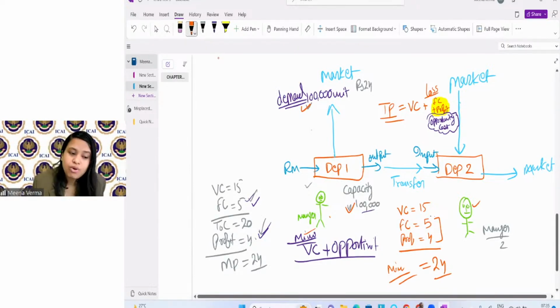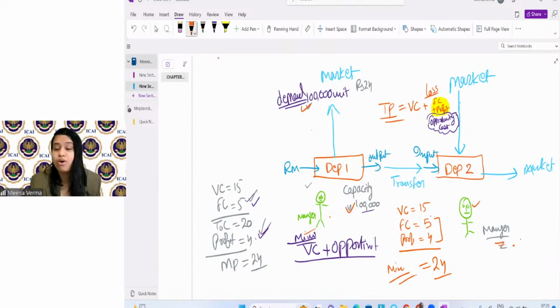And what is the problem? This manager does not have the option to buy it from the market. You can see here, the manager of department 2 has no option. He can't buy it from the market. Why? Because there is no market for this product. So whatever charge he is charging, he has to agree with that.